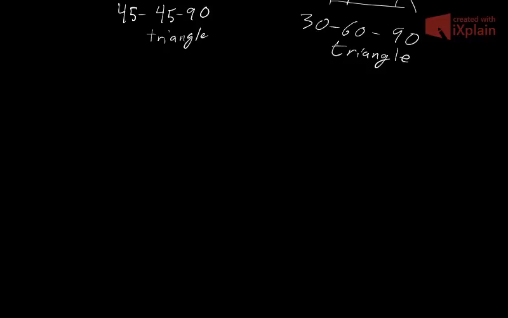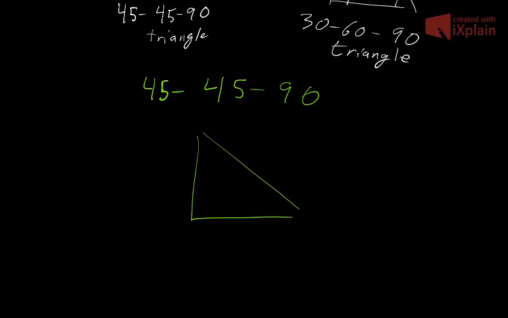So for the 45-45-90, we will remember that that is the one where this is 90 degrees, 45, and 45, which I hope is fairly easy to remember because it's called 45-45-90. In any case, we know the ratios of the sides.